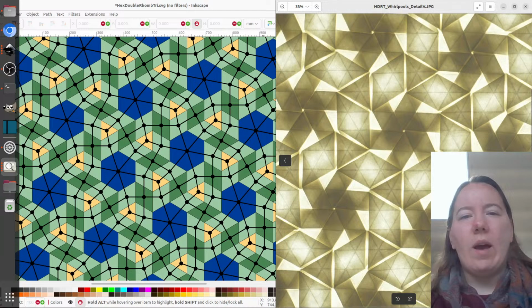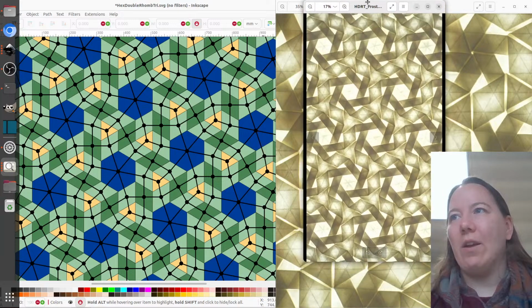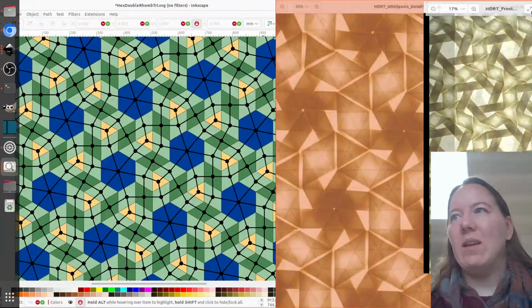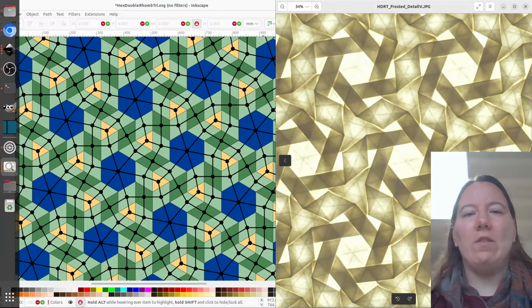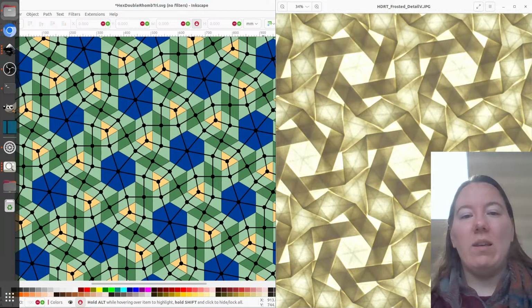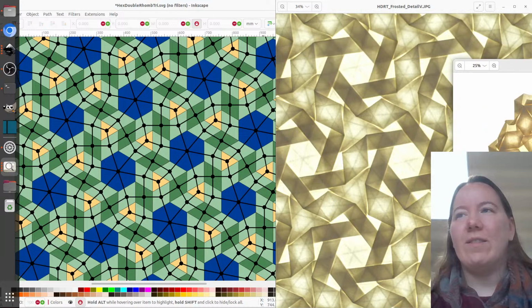So all of these patterns use the hexagon, double rhombus, triangle tiling. Yet none of them would be possible if you were trying to take the strict definition given by Lang in creating the origami tessellation.